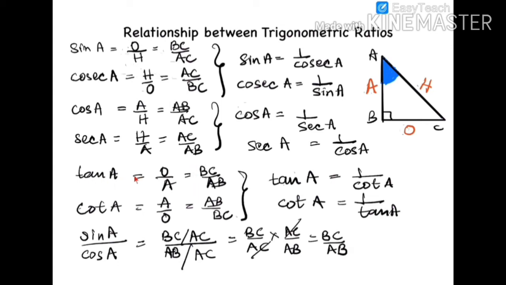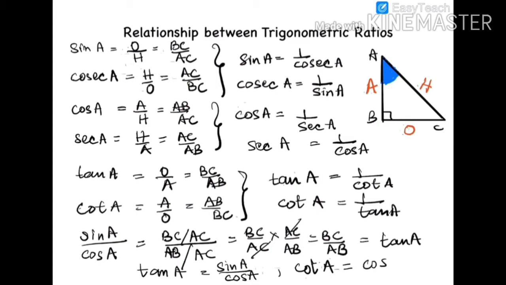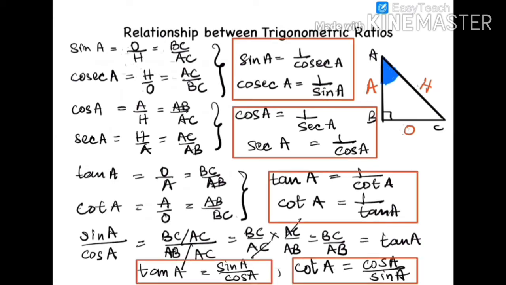It is tan A. So we can conclude that tan A is equal to sin A upon cos A, and similarly we can write cot A is equal to cos A upon sin A. So these are the results that should be on your fingertips to be able to solve questions in the other sections of this chapter.